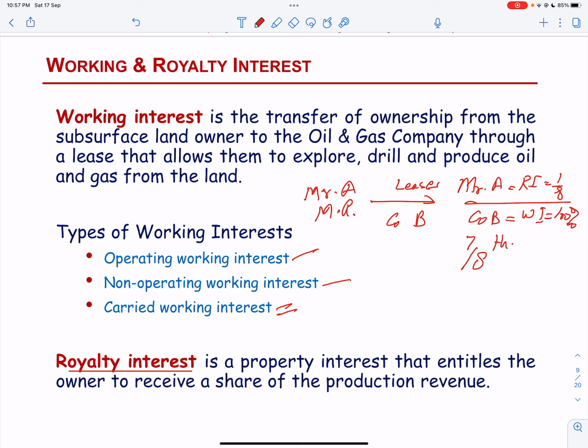That owner enters into a lease agreement with another party. He receives a specified portion of the minerals produced or a specified portion of the gross revenue from selling the production, free and clear of any cost of exploring, developing, or operating the property.